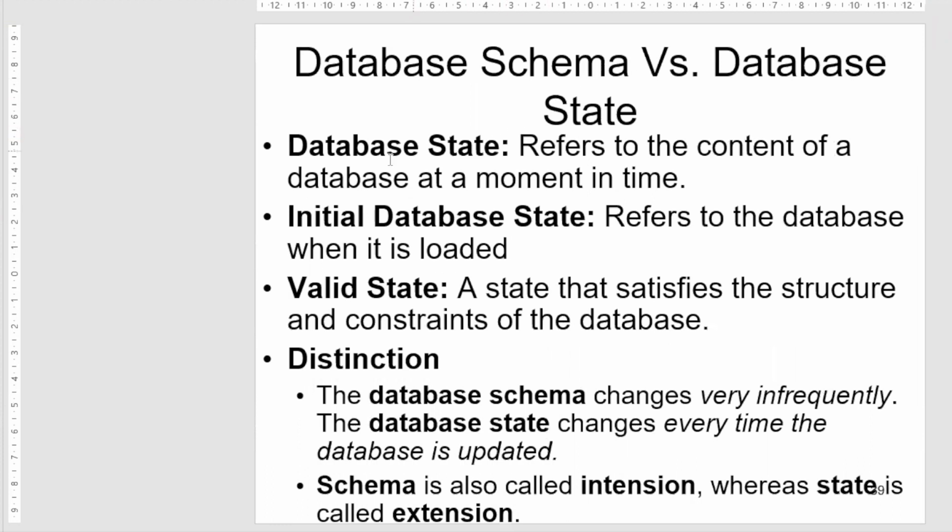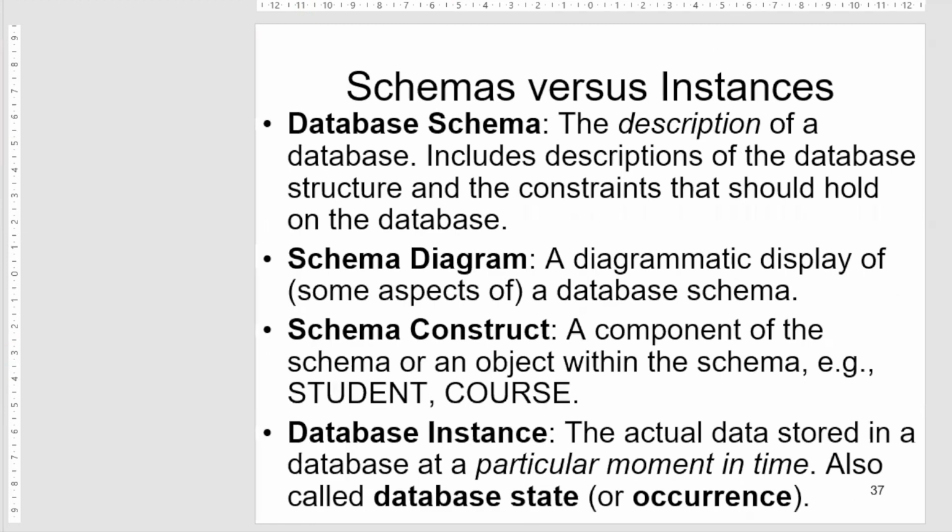We are still on database state. Basically we call this database state just for the content of the database. As I said, a schema is the structure and the constraints, and when we put data into it, we call it a database state, the actual content of that structure. Content of that database is the database state, right?